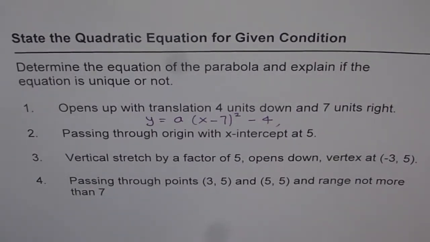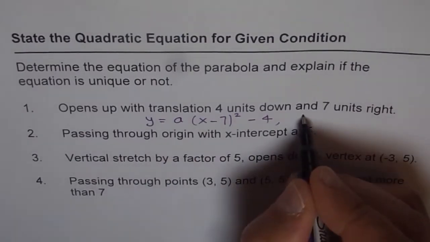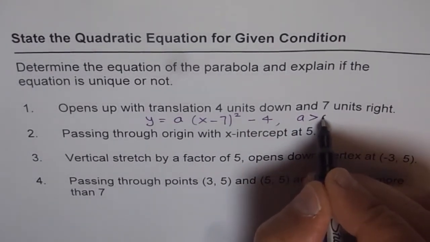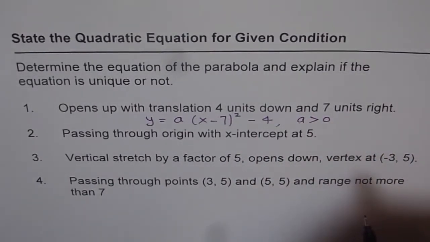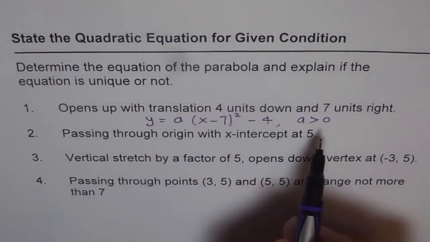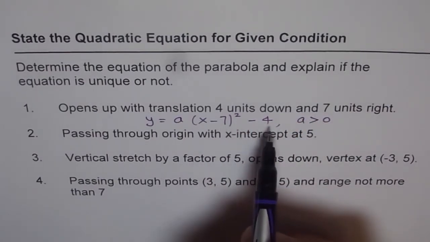Is it unique? That's the other part. Well, this one is not unique because a could be any positive number. So it is valid for all a's which are greater than 0, and all will satisfy this particular condition. So it is not at all unique. It's a family of parabolas which will have vertex at 7, -4.